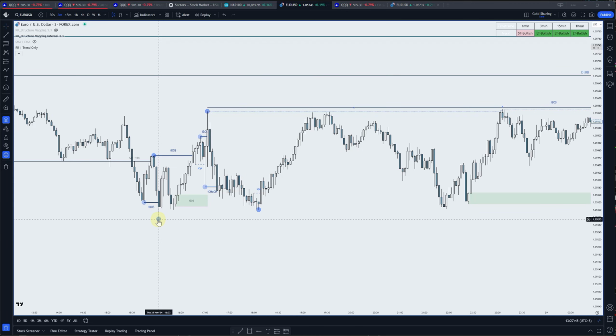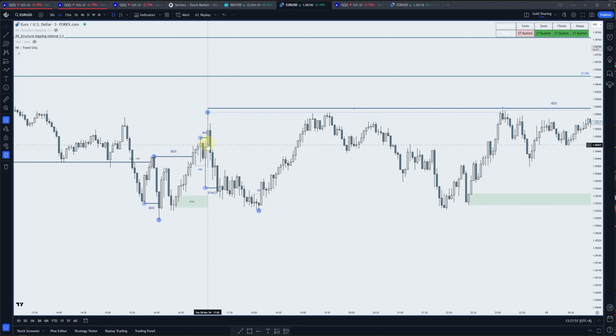So this is the low, high, and the market took the QM, and then in this leg we don't have any QM. So that's why I will still say that this is the range.